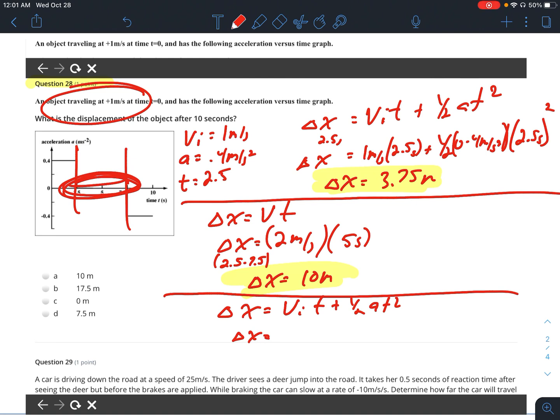So that's our new VI towards the last segment. And that last segment of the graph is going to be for 2.5 seconds because it's 7.5 to 10. That acceleration is negative 0.4. And then that same time.